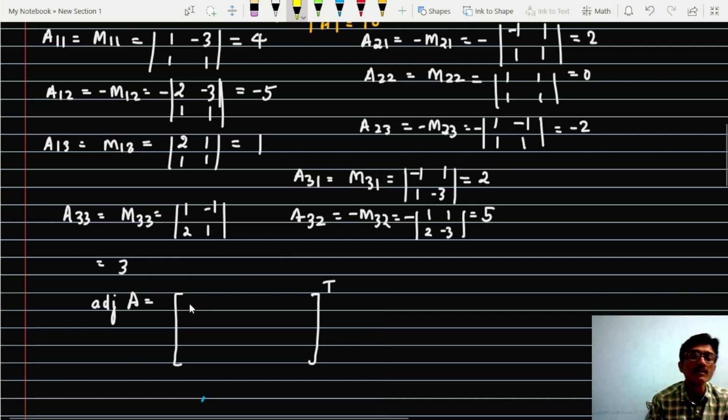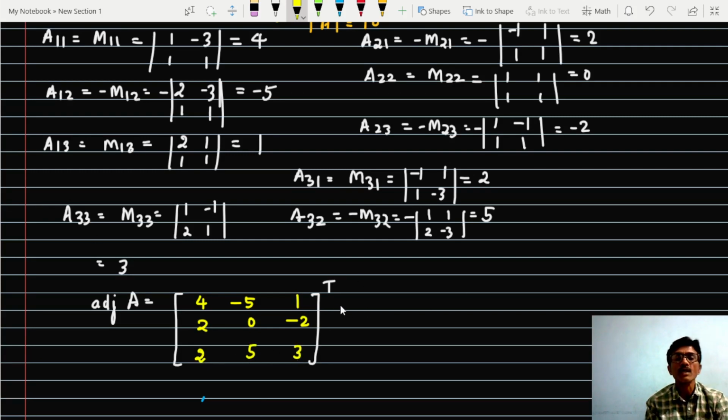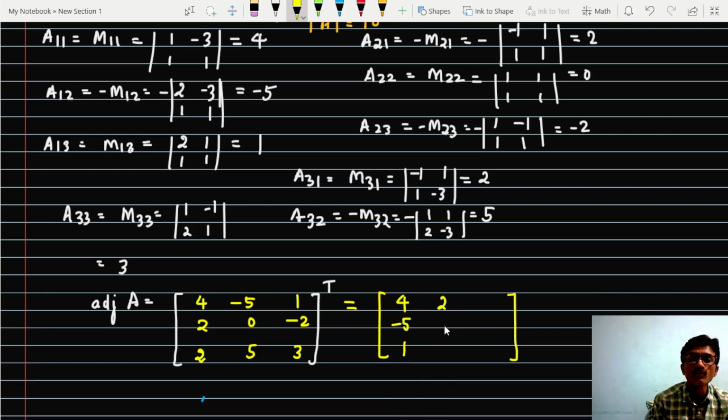So A11 is 4, A12 is minus 5, A13 is 1, A21 is equal to 2, 0 and minus 2, A31 is equal to 2, 5 and 3. Transpose of this matrix will be equal to what? Transpose of the matrix will be 4 minus 5 1, 2 0 minus 2, 2 5 3. This is the adjoint of the matrix.